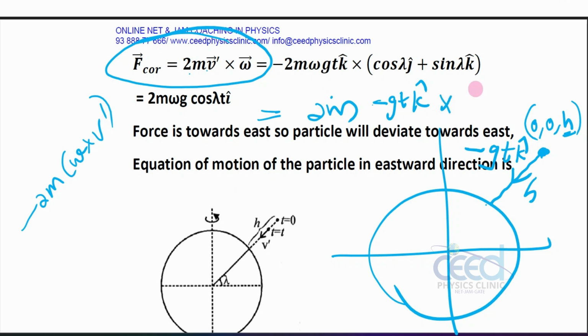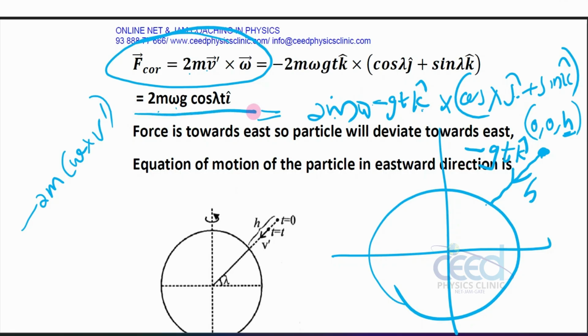Cross in northern hemisphere, what is the representation? Cos lambda, one omega you take out. Omega cos lambda j cap plus sin lambda k cap. Then 2m omega g, k cross k is 0. Then 2m, k cross j is minus i. Then minus minus plus. Then 2m omega g cos lambda t i cap.